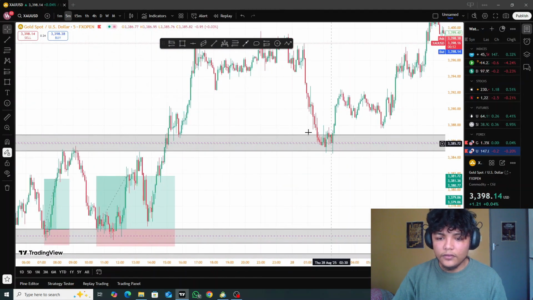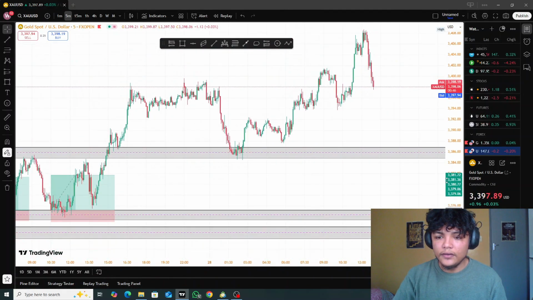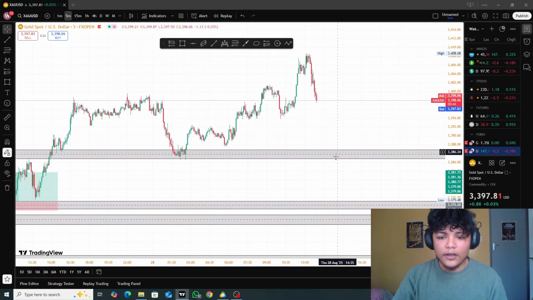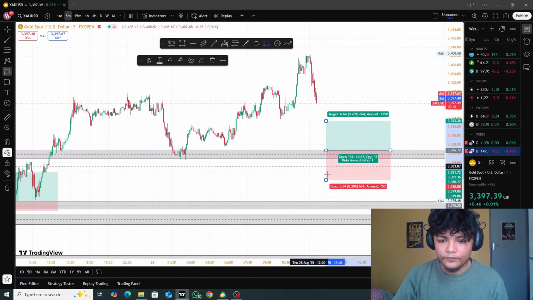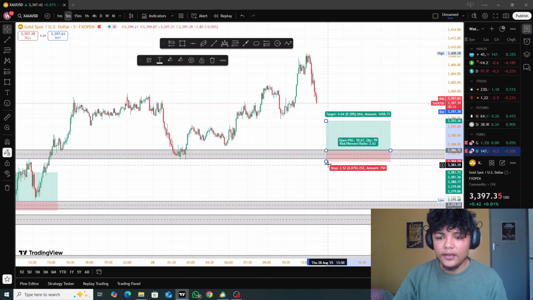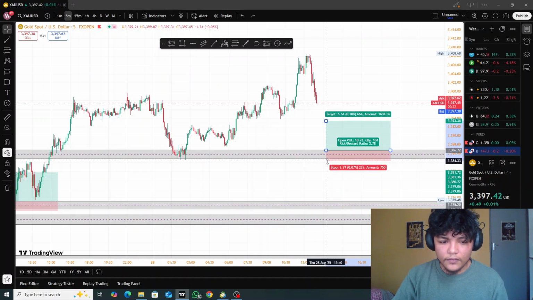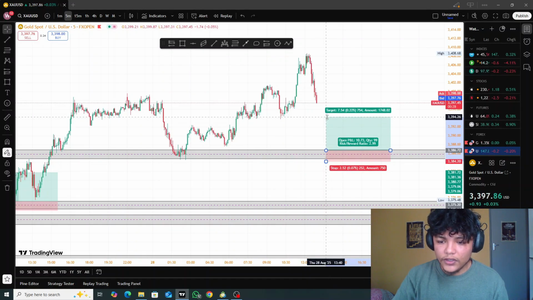So here as well, you can't enter here. You wait for the market to come to this level again. So when gold hits this level, we want to buy here. Want to buy there, just below the level, and we target a 1 to 3 risk to reward ratio.